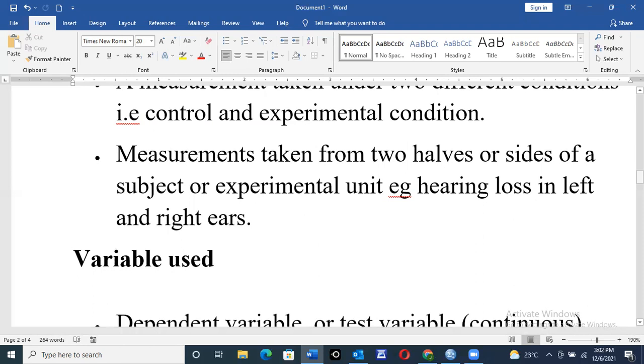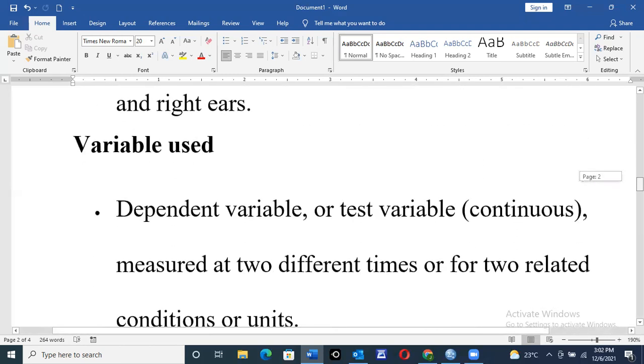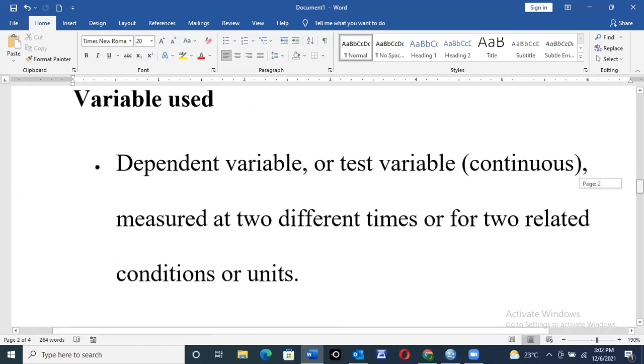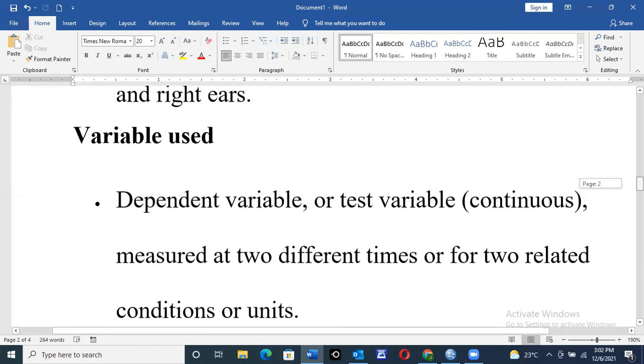For instance, you want to measure the hearing loss in the left and the right ears of a particular subject. The variable that we use here is a dependent variable, or the test variable, and this variable must be continuous and measured at two different times or for two related conditions or units.